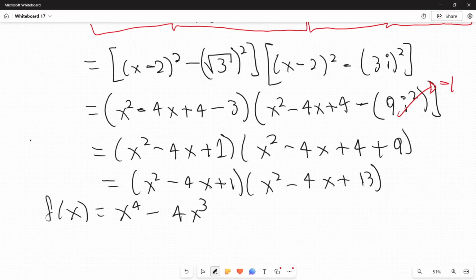And x squared times 13. Then distribute the minus 4x. Minus 4x times x squared. This is minus 4x cubed. Minus 4x times minus 4x. And minus 4x times 13.